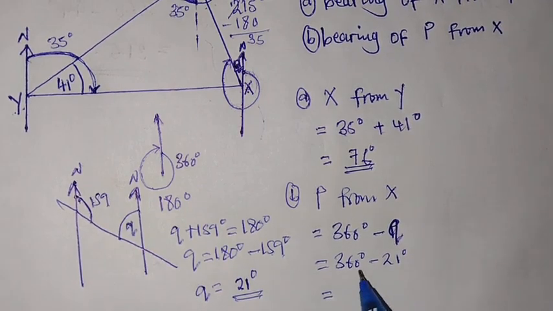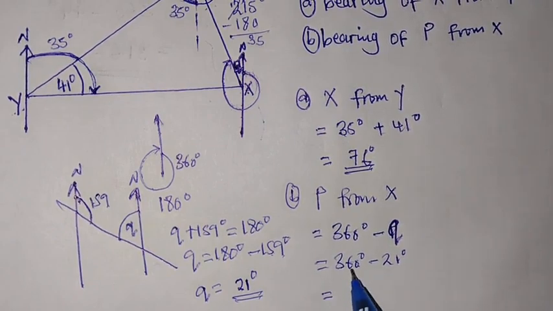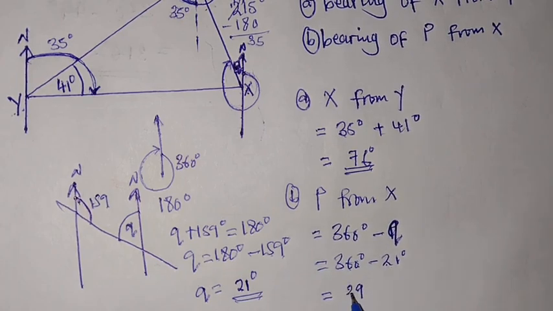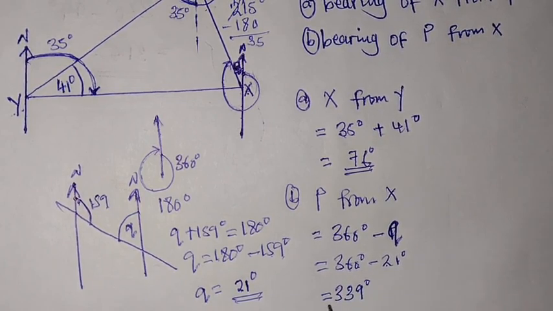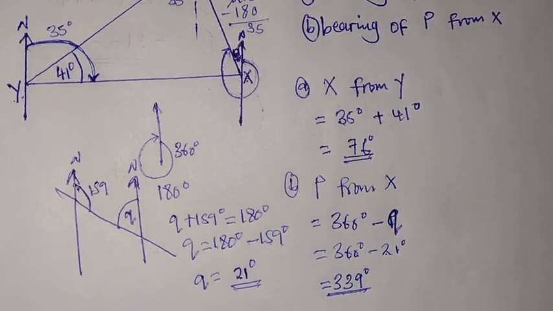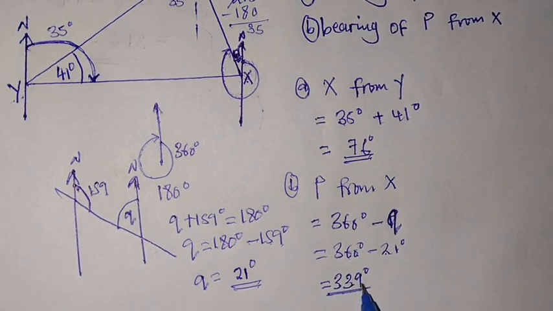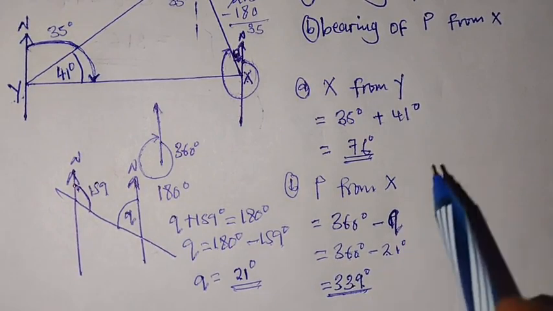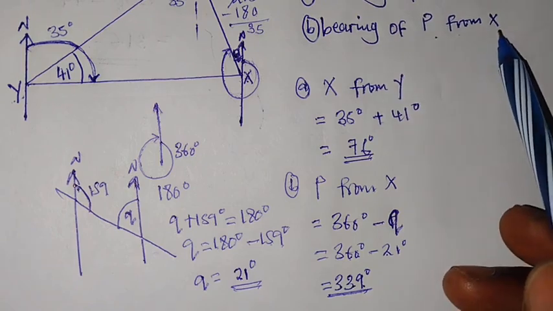So 10 minus 1 is 9. 5 minus 2, I borrowed the 1, it's 3. And then 3 minus 0, again it's 3. So this is our bearing, 339 degrees. So this is the bearing of P from X.